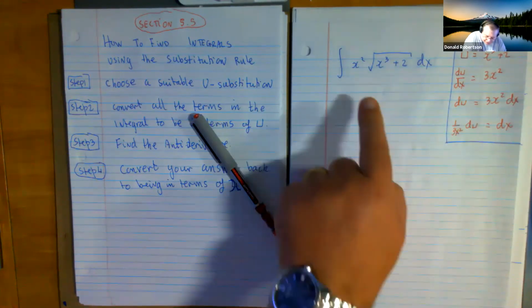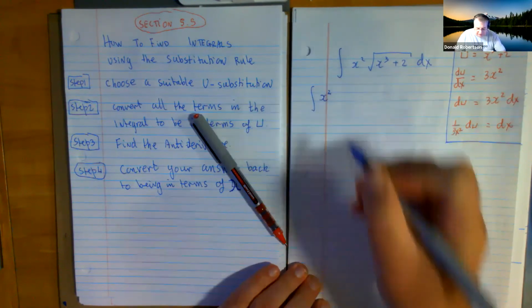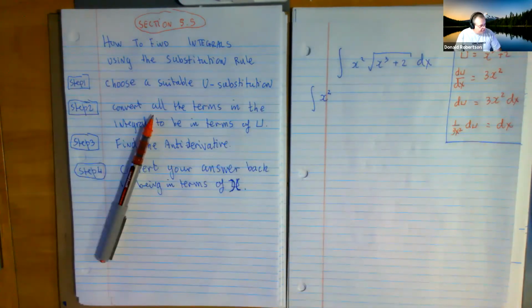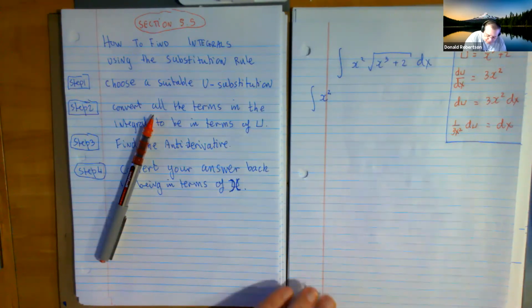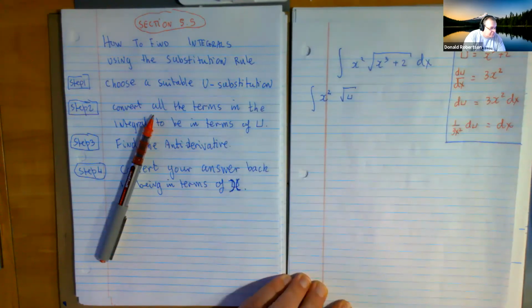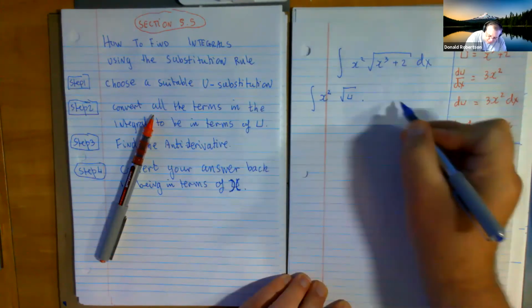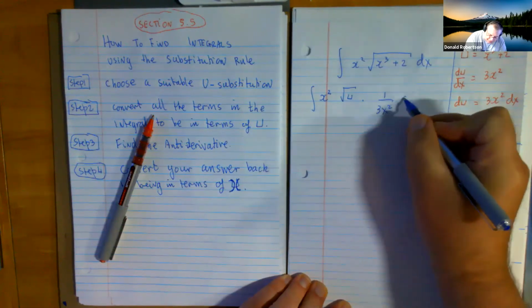You then come over here, and if you don't know what to do, like I don't know what to do to x squared, just write it down as x squared. It'll sort itself out later. Won't this become the square root of u? And the dx will get replaced by 1 over 3x squared du.